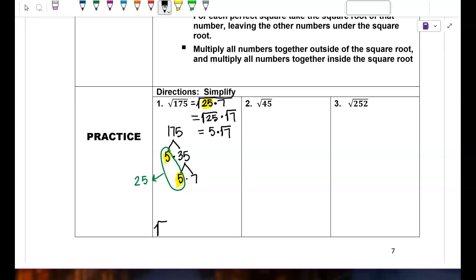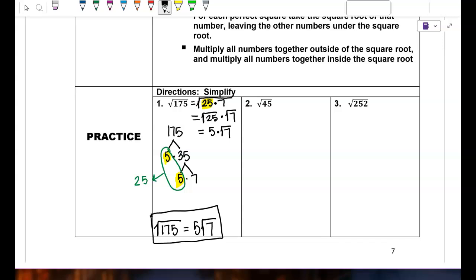So the square root of 175 equals 5 radical 7. I don't have to write the multiplication between them. A radical sign acts the same as a parentheses, where if they're right next to each other, it's telling us to multiply. So that would be the simplification of the square root of 175.